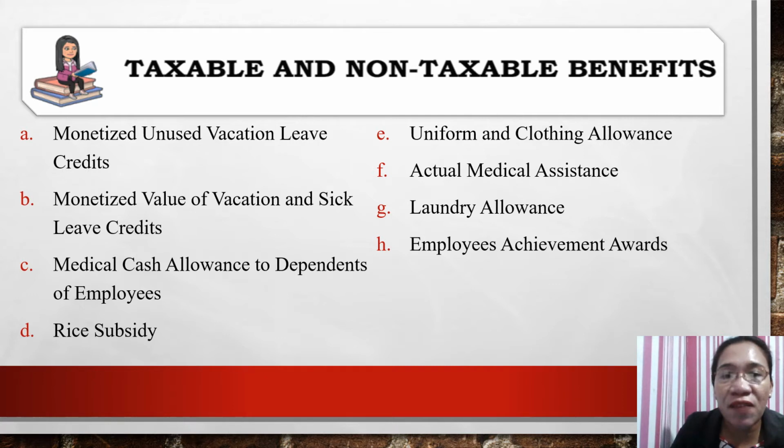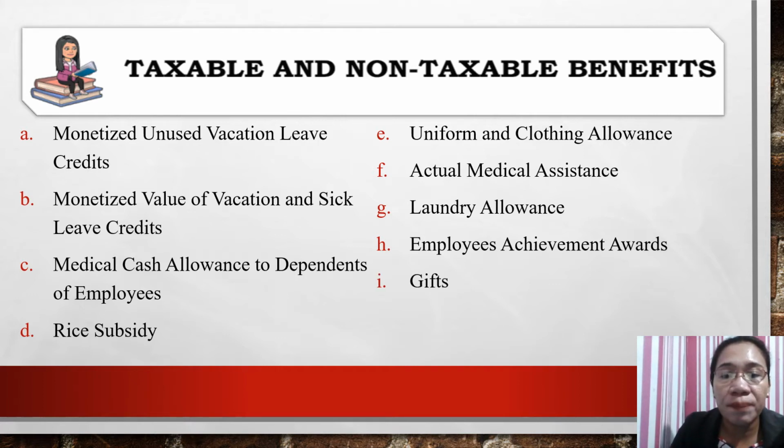Parang benefit mo. Next, it can also be a gift certificate with annual monetary value not exceeding 10,000 received by the employee under an established written plan which does not discriminate in favor of highly paid employees.